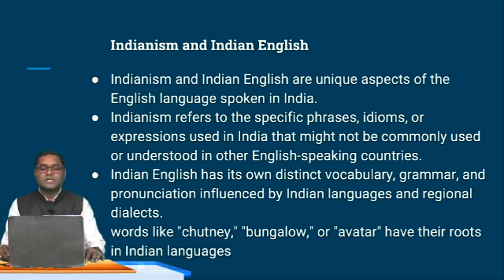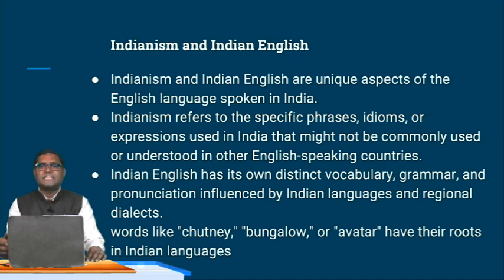So Indian English has its own distinct vocabulary as well as it is having its own grammar and pronunciation. This pronunciation is particularly influenced by Indian languages and regional dialects, because in India there are regional languages and these regional languages are having the impact on English pronunciation.